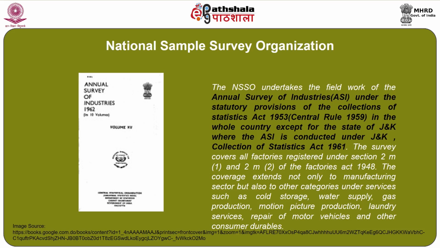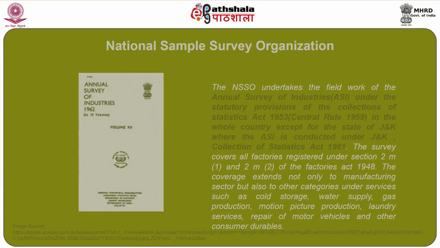The survey covers all factories registered under Section 2m(i) and 2m(ii) of the Factories Act 1948. The coverage extends not only to the manufacturing sector but also to other categories under services such as cold storage, water supply, gas production, motion picture production, laundry services, and repair of motor vehicles and other consumer durables.